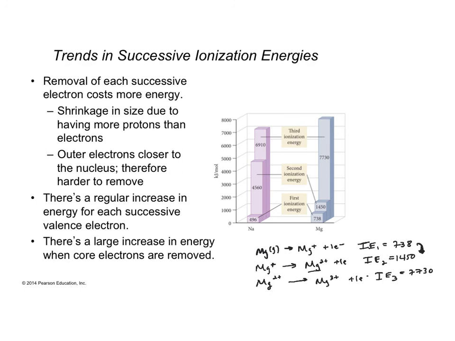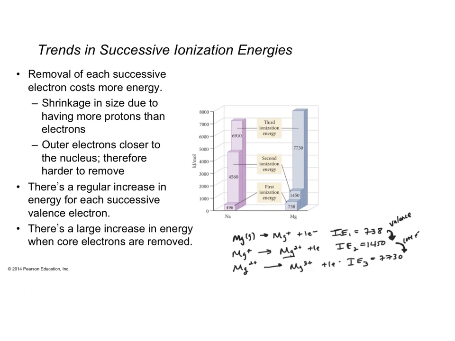So the first two are pretty close to one another, but this gigantic increase is a big indicator that those first electrons were nice, easy valence electrons, but when we jump into this one, we have reached our core electrons. And so these are going to cost us a lot more energy because of that.